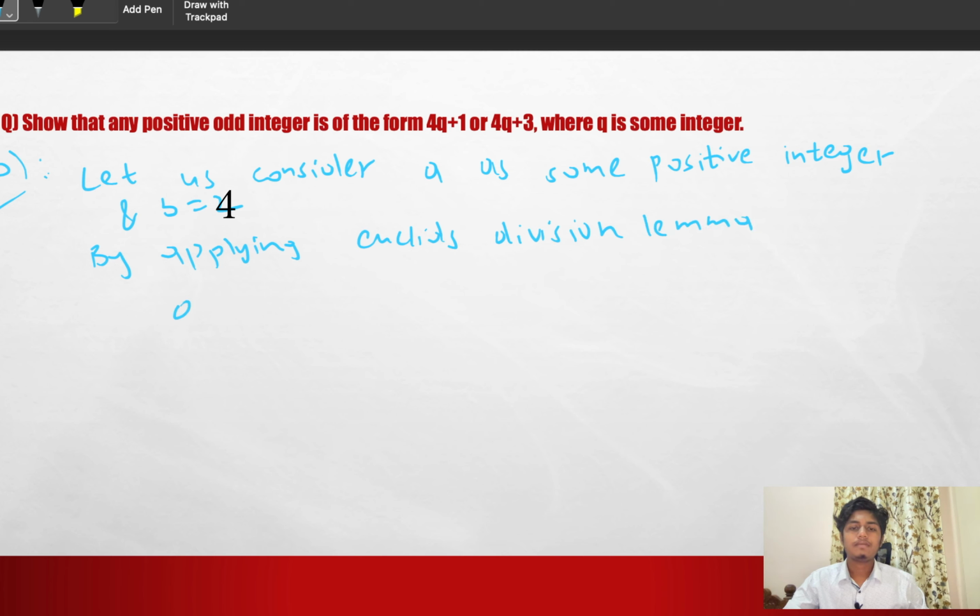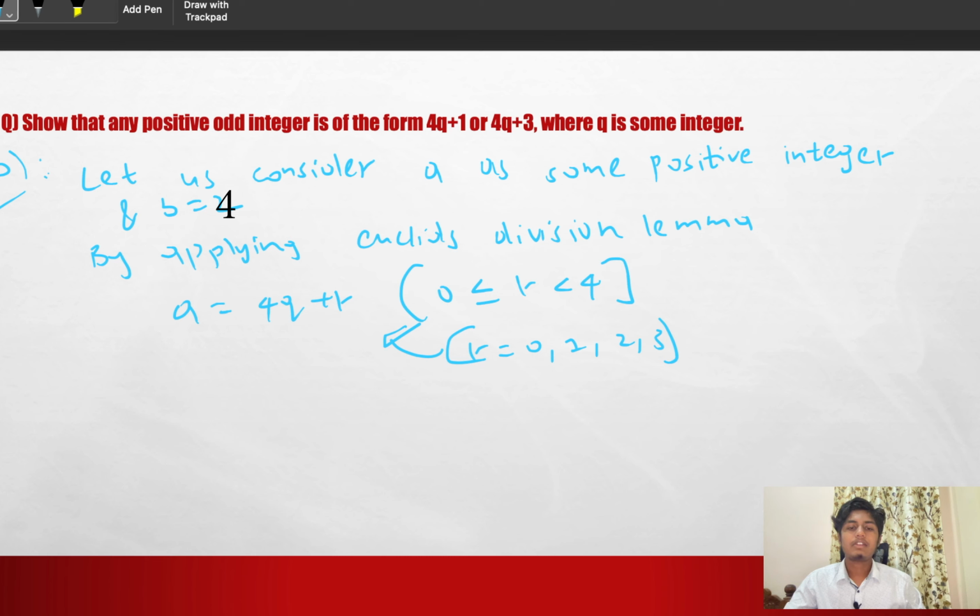a is equal to 4q plus r, where the values of r will be 0 less than or equal to r less than 4. 0 is included and 4 is excluded, so values of r will be 0, 1, 2, 3. Put the values in this equation. A is equal to 4q, 4q plus 1, 4q plus 2 and 4q plus 3.